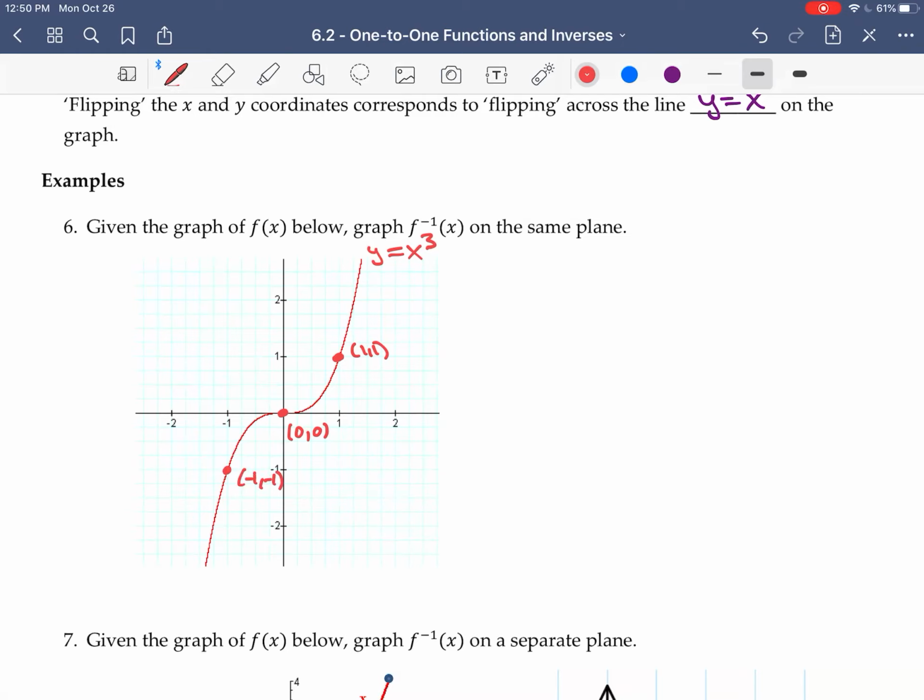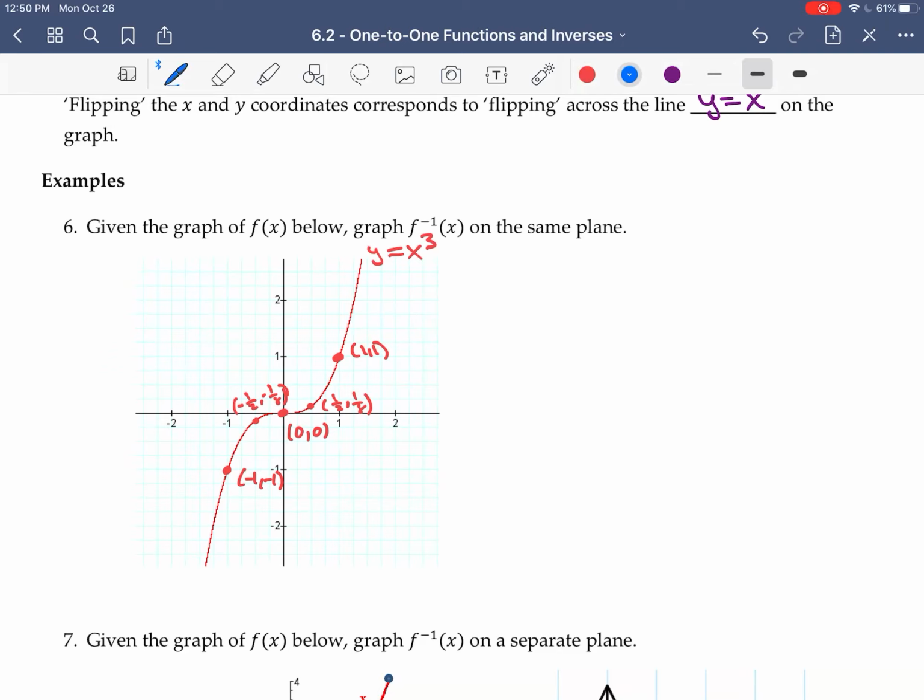The other ones are hard to find, but if you were at 1/2, this is going to be the point (1/2, 1/8). And negative 1/2 is going to be (-1/2, -1/8).